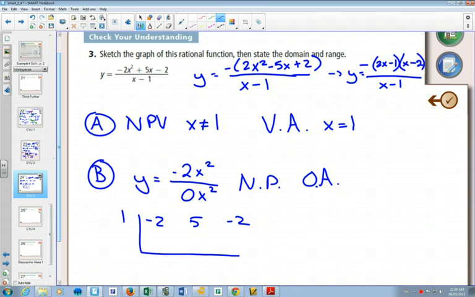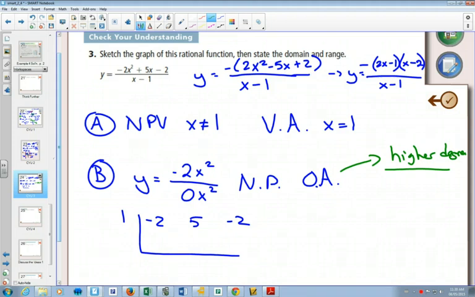As far as looking for a pattern, you're going to get an oblique asymptote whenever you have a higher degree on the top. So if you can see that and don't want to do this with the fraction, that's fine. Since there's a higher degree on the top, that means I'm going to have an oblique asymptote.